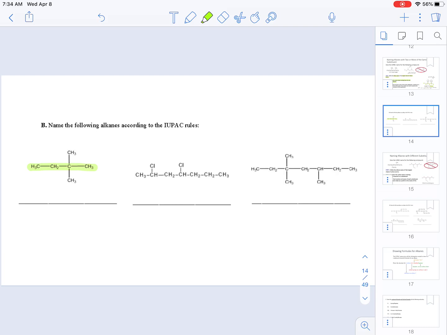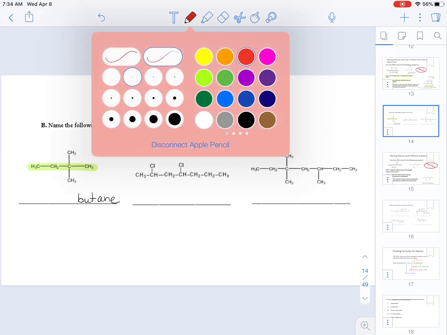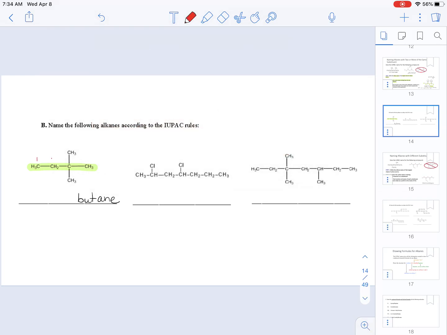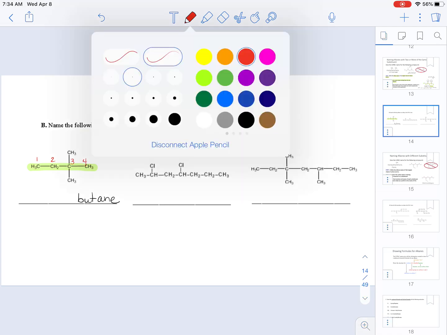Remember that my longest carbon chain is going to be the last word in my name. 4 carbons in a row is going to have a prefix of bute, because this is an alkane, it's going to be butane. Then when I number this, I have 2 choices, right to left and left to right. If I do left to right, this is carbon 1, carbon 2, carbon 3, carbon 4.